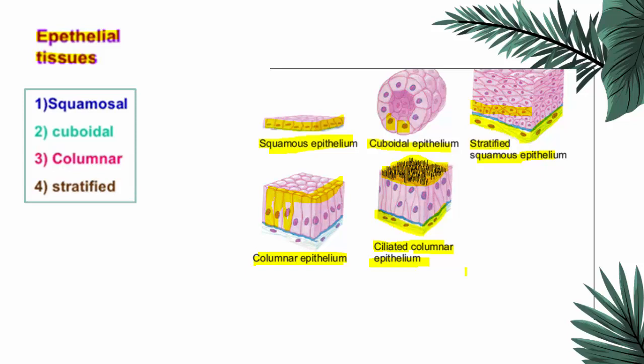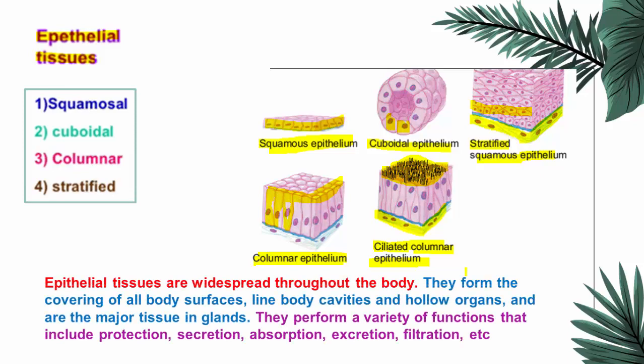Unwanted materials are removed by the beating action of cilia which are present on the ciliated epithelium. The brush border of the columnar epithelium with cilia is called ciliated epithelium, and this classification is mainly on the basis of shape of the cell, and they are also involved in different functions. So here is the remaining information.